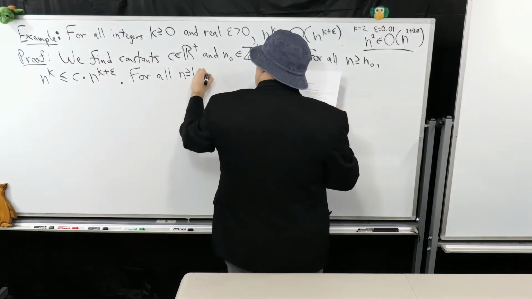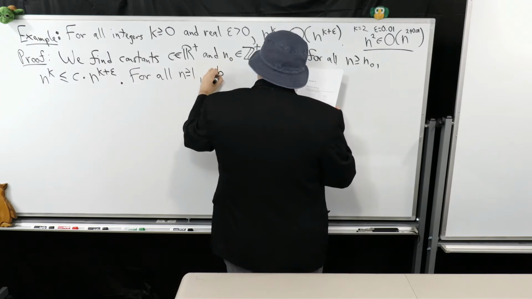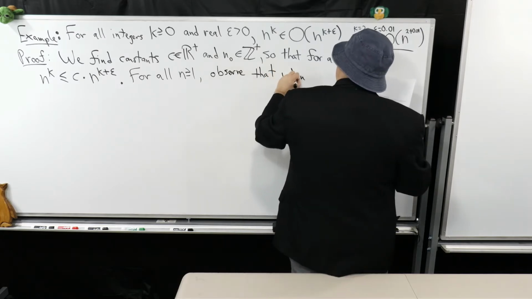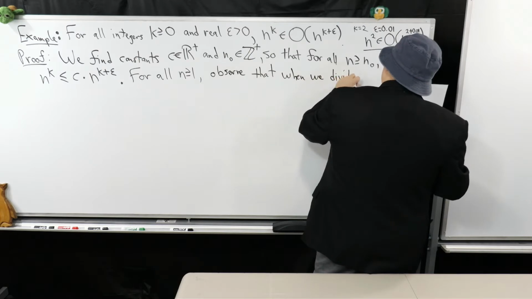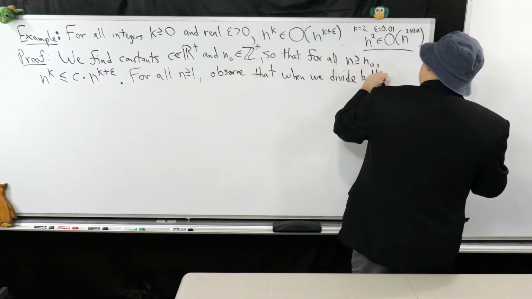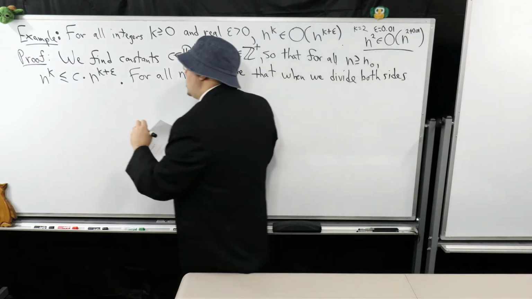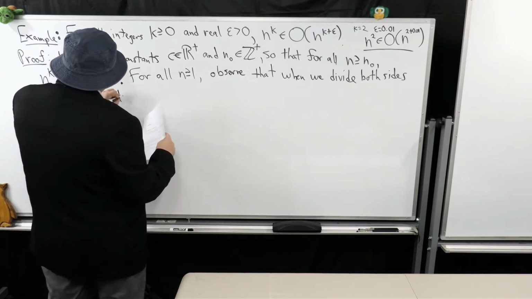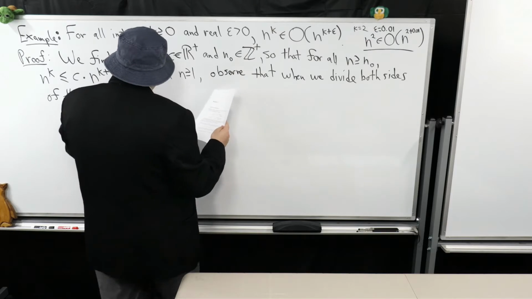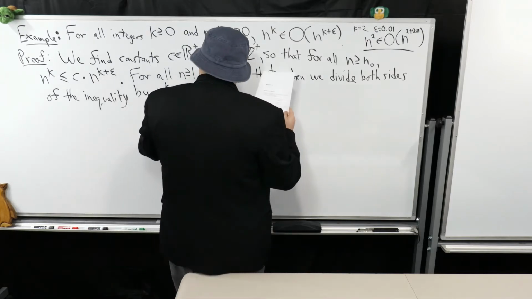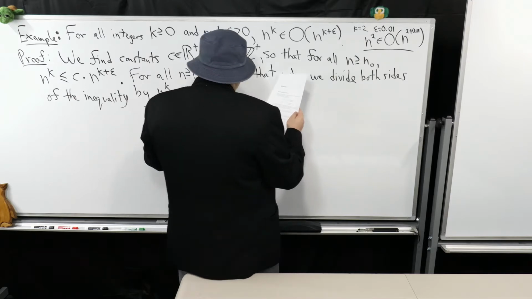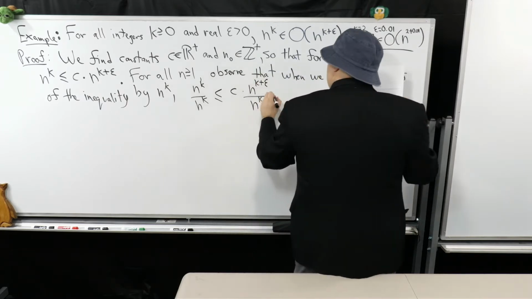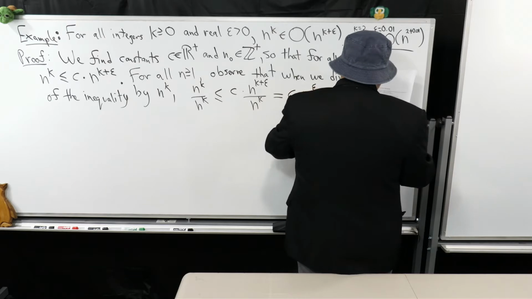So for all n greater or equal to 1, observe that when we divide both sides of the inequality by n to the power of k, then we get n to the power of k over n to the power of k is less than or equal to c times n to the power of k plus epsilon over n to the power of k, which is in fact equal to c times n to the power of epsilon.